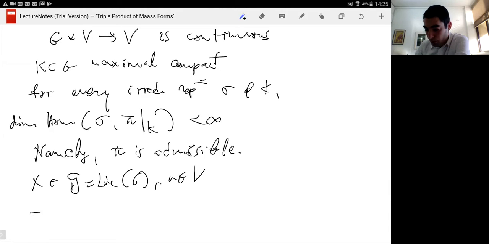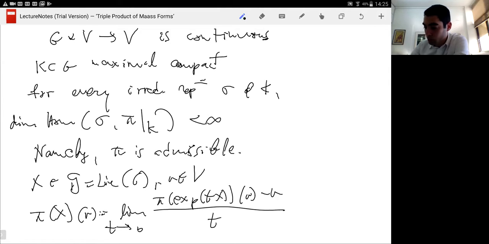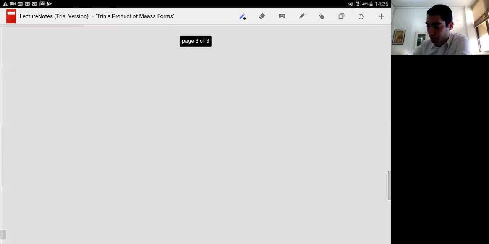I will try to define an element as follows. Okay, so this limit may or may not exist. Usually it will not. For a generic element in any reasonable sense, it will not.